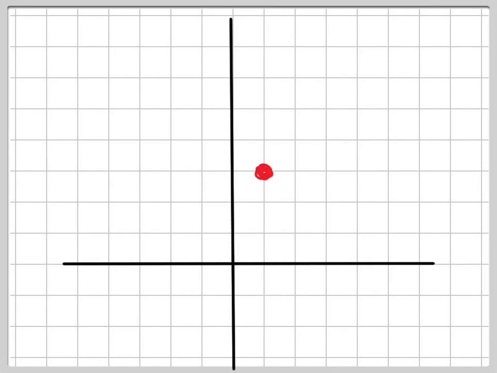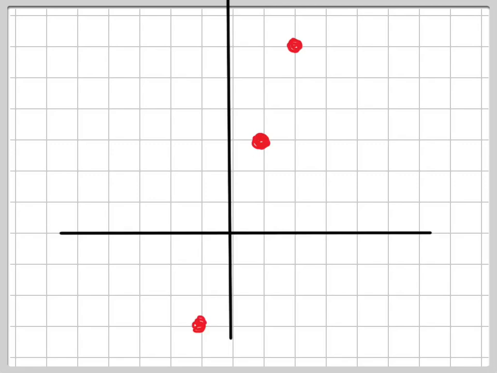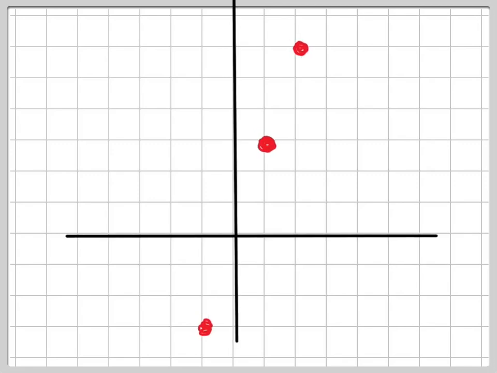We've got the point 2,6, which should be here. I can't do 3,9. It's not quite on my graph. That's okay. And I have -1, -3, which would be here. Let me move it up just a little bit. Okay, that still works.